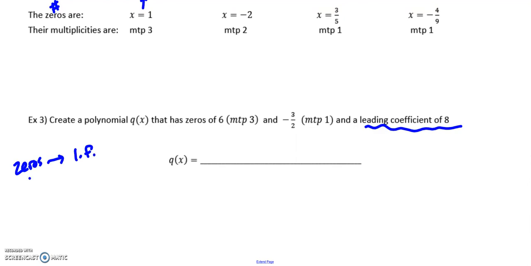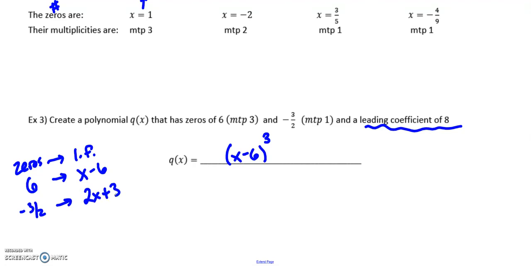So if it has a 0 of 6, we've seen that that linear factor had to be x minus 6. Zeros are numbers, linear factors have x's. So I know it has an x minus 6, and it's all raised to the third power because of that multiplicity of 3. If I have a negative 3 halves, we're doing the same thing from up above, just with a little less structure. It becomes 2x plus 3.